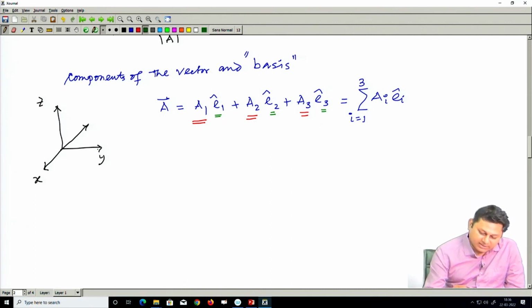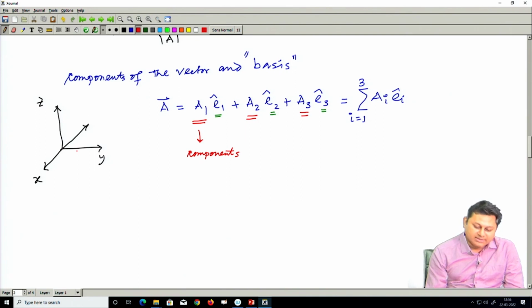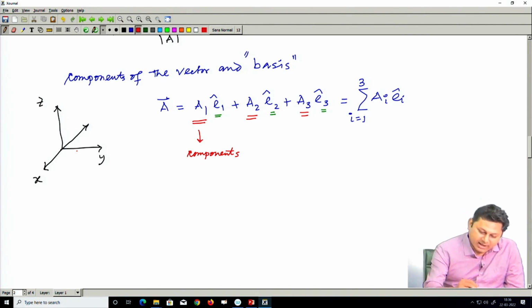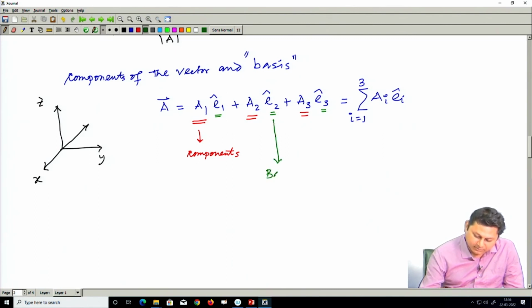So A1, A2, A3, as I mentioned, these are components. I can decompose a vector along these 3 directions, and if I do, then I should have the components in these 3 directions. We should call it a projection. So these are the components, and these E1, E2, E3, these are the bases. Fine.